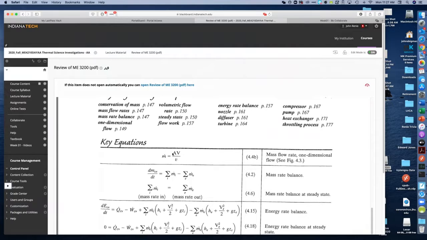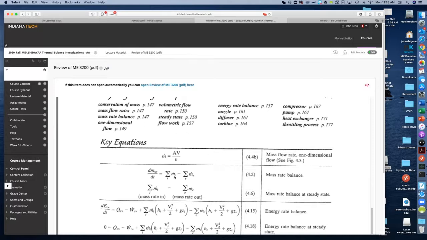Area is the one-dimensional cross-sectional area through which the fluid is passing with a constant velocity v. And again, specific volume v is just how many cubic meters per kilogram the fluid possesses. And again, that's just the inverse density.